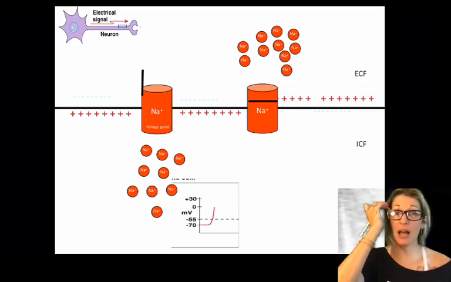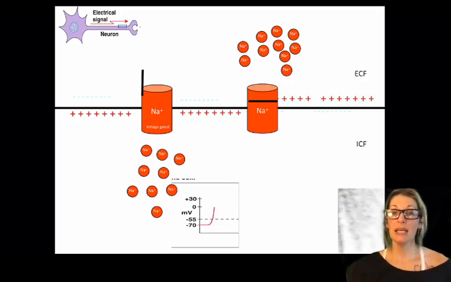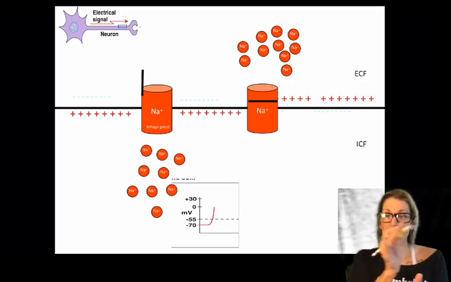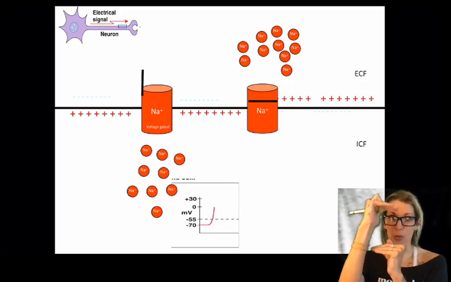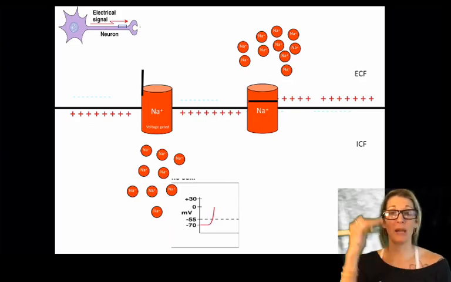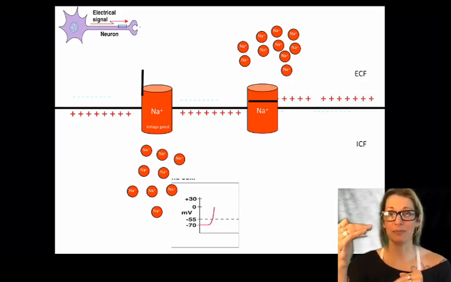So that's what this plot is indicating down at the bottom. But it does that only at this one specific place, right here, this one little spot on the axon. Okay, right there, that section of membrane, whoop, we flipped things. Where it was negative, we made it positive. Where it was positive, we made it negative.